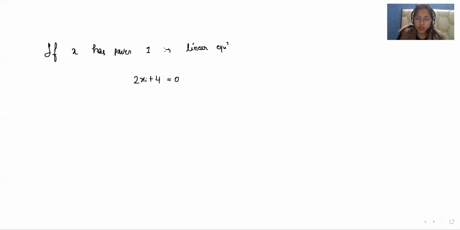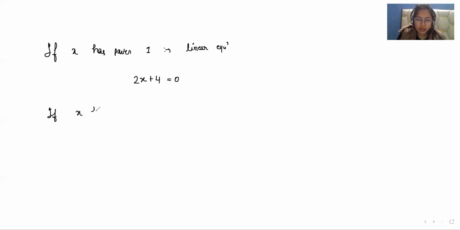So what we learned is that if x has power 1, we can say that it is a linear equation. Example, 2x plus 4 equals 0. Here x has degree 1, so we cannot say that it's a quadratic equation. It's a linear equation.